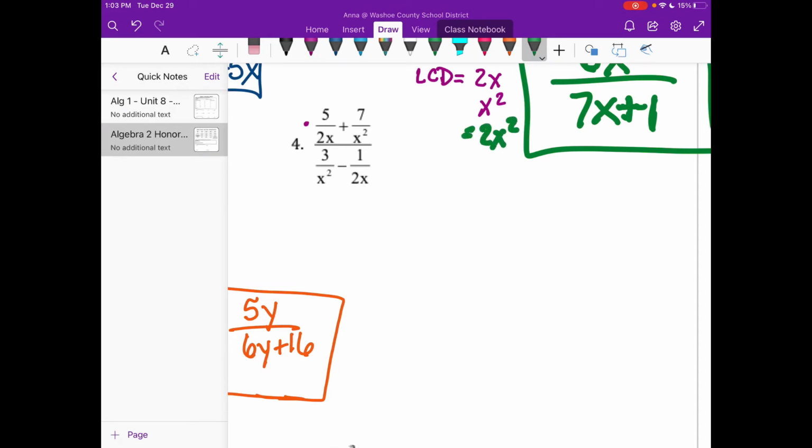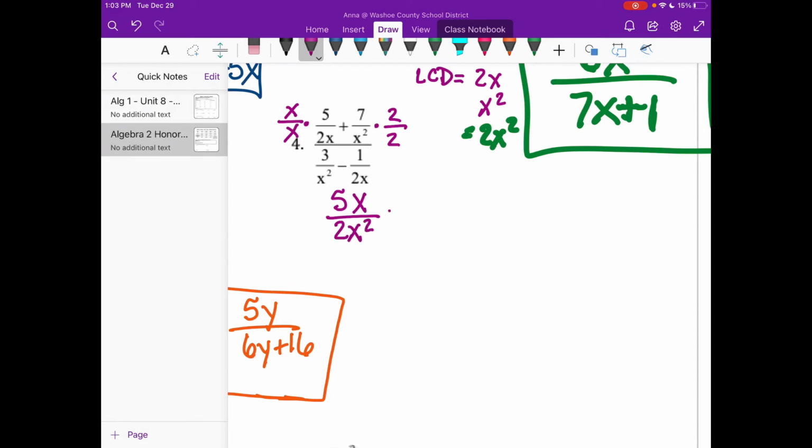Could you make that 2x squared? And the answer is yes. All you're missing on the 2x is an x, and all you're missing on the x squared is a 2. So take the shorter route. You do not have to multiply them by each other. So I'm going to multiply by x over x, and then the second fraction, I'm going to multiply by 2 over 2, because that's all that's missing when I'm making my least common denominator.